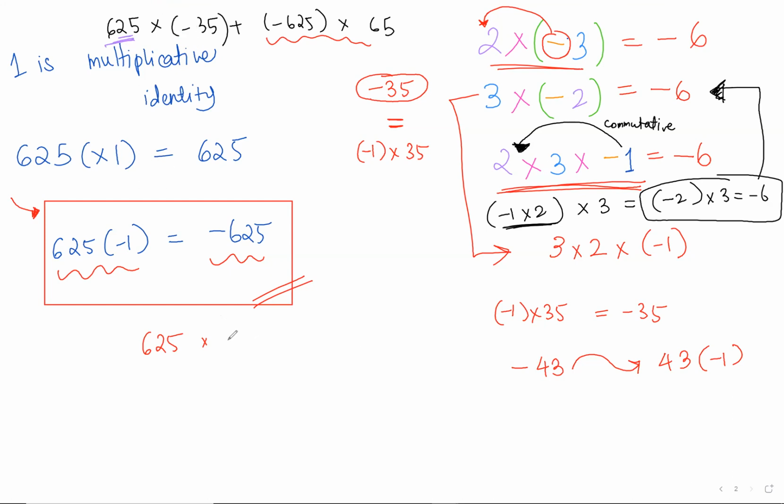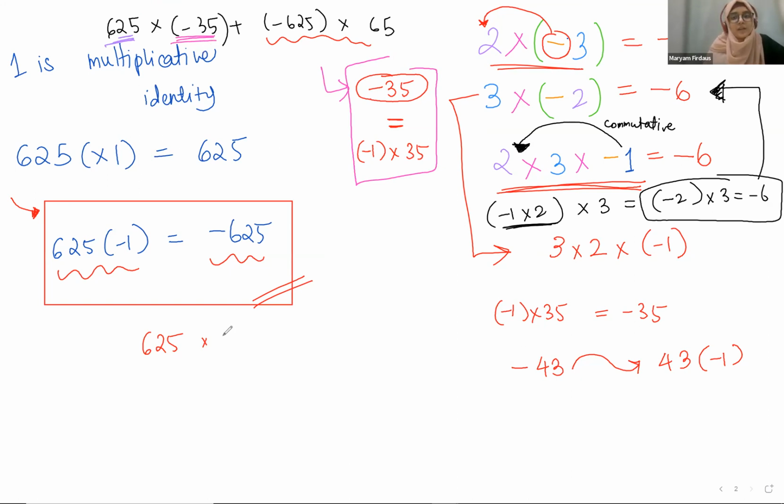Okay, multiply it by 625. What I'm going to do now, Hiba, is separate the negative sign from the 35. So this is going to be my step. All right, how will I do that? I will take away the negative sign from the 35. So I will say minus 1 multiplied by 35. Okay, done? Yeah. All right.